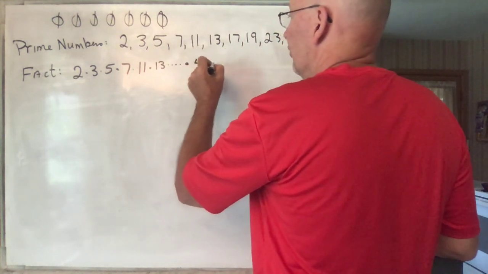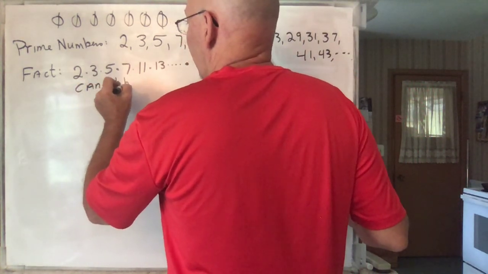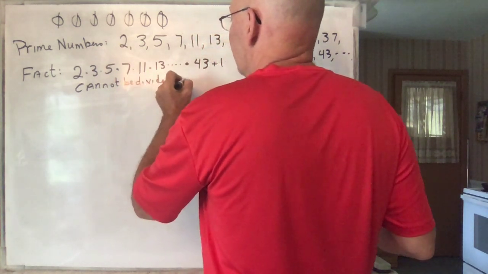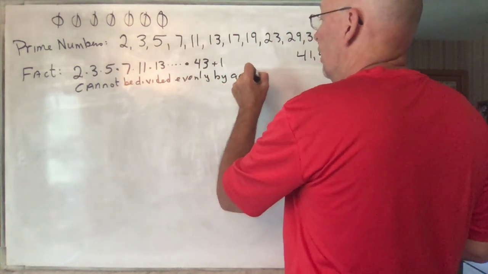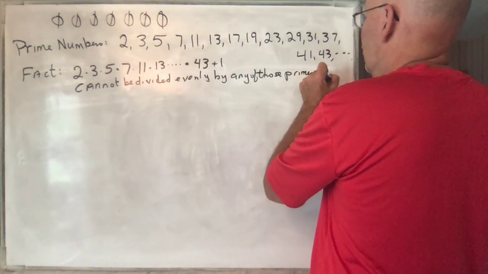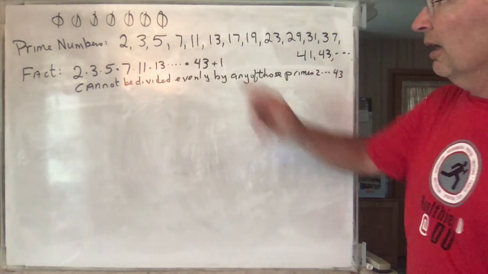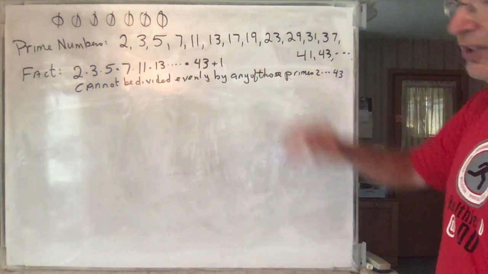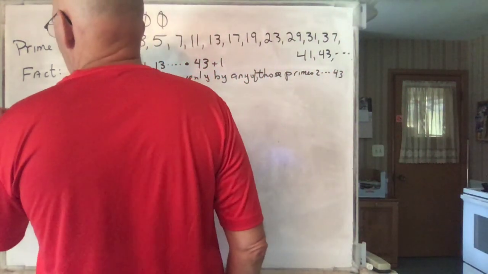I'll say times 43 plus 1 cannot be divided evenly by any of those primes, 2 through 43. Okay? Why? Because of the way we constructed it, it can't be. Okay, very good. So that is just an important fact which leads us to be able to answer this question.